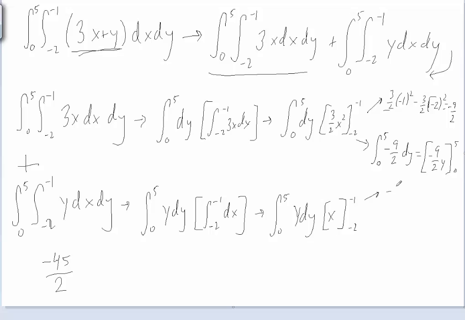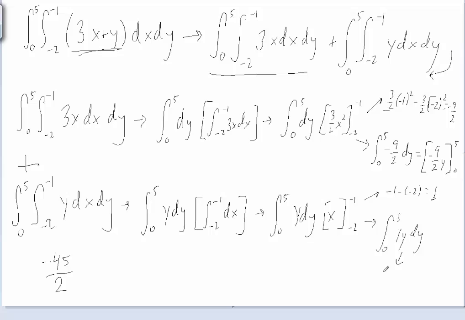That ends up being negative 1 minus negative 2, positive 1. This value gets put back in here, so we have 1 times y dy.